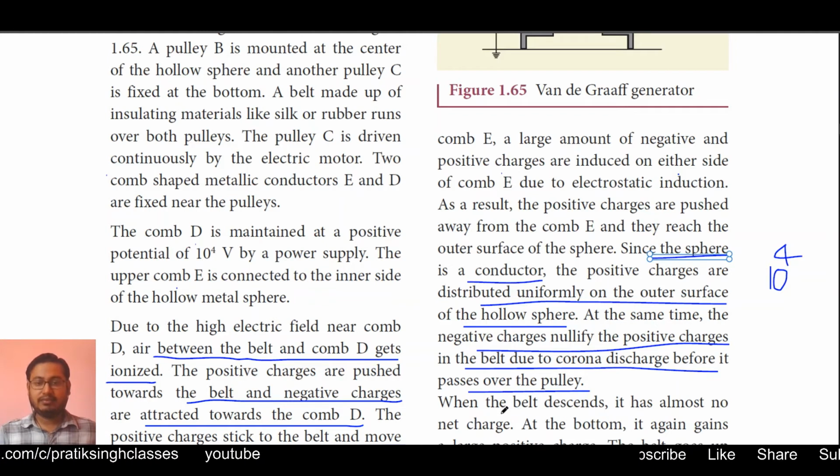And when the belt descends, means when it comes from top to bottom, it has almost no net charge, because the positive charge which it was taking up earlier has gone to some extent to the metallic hollow sphere, and to some extent it was nullified because of the negative charges. Fine. At the bottom, it again gains positive charge because of the external source attached to pulley C.